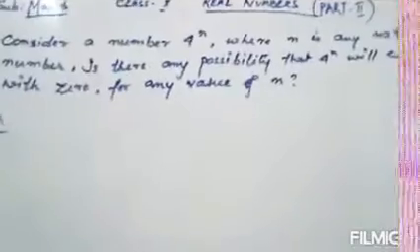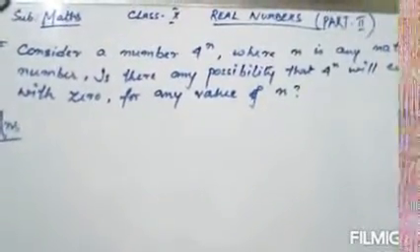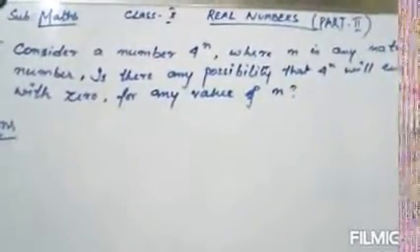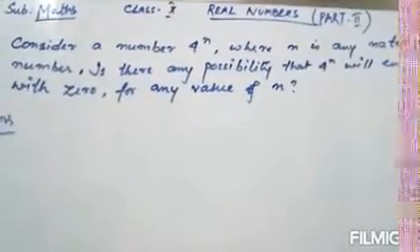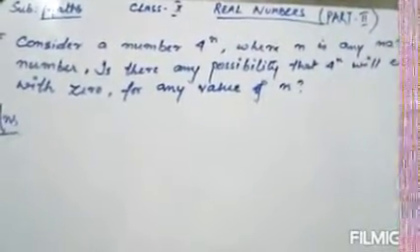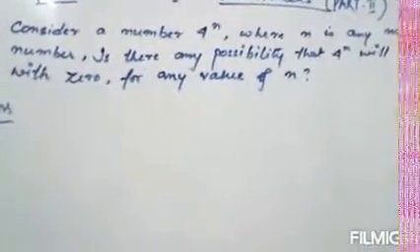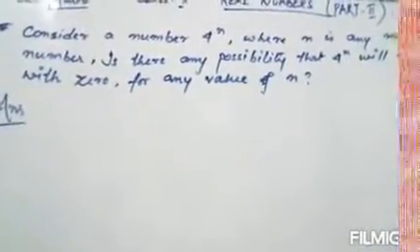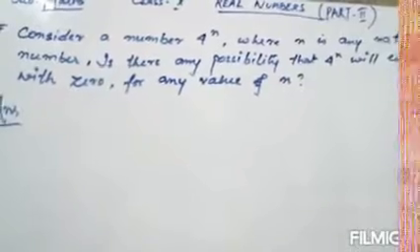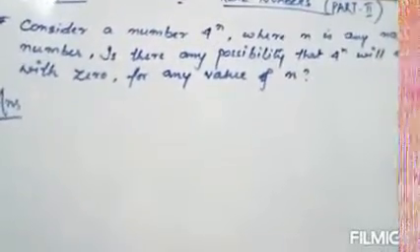Now suppose I have a question: consider a number 4 to the power n, where n is any natural number. Okay, we have a number 4 and it has a power n. Is it possible that 4 to the power n will end with 0 for any value of n?